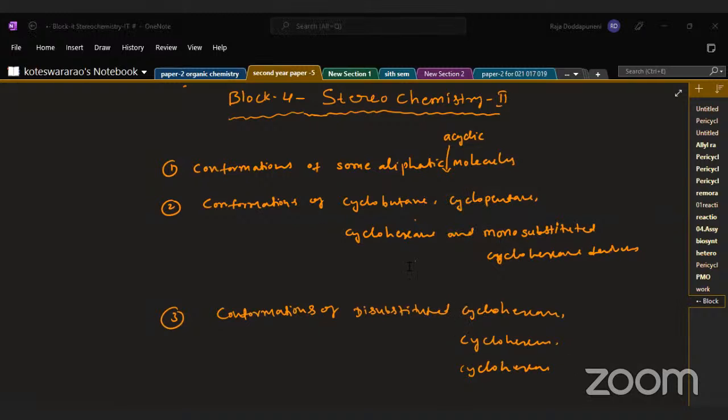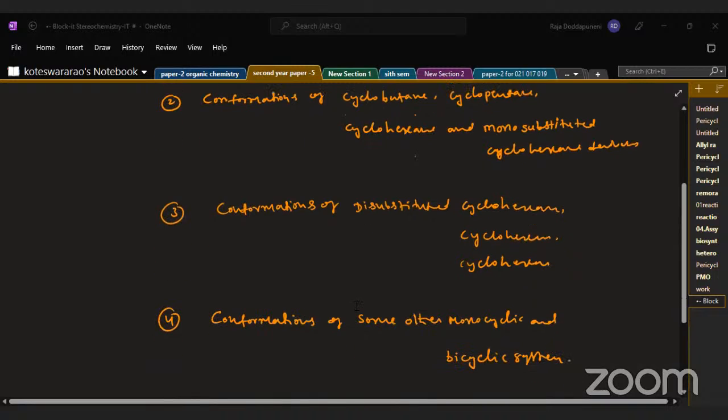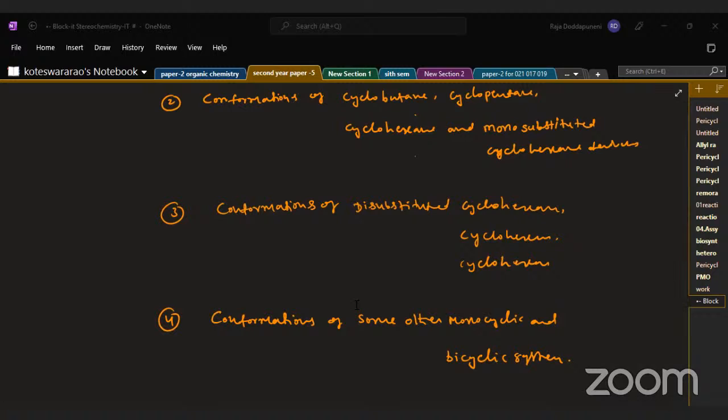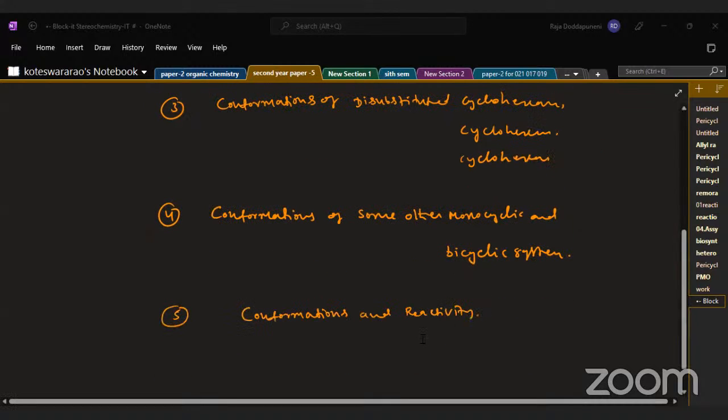Now, this third unit, the conformations of disubstituted cyclohexene and cyclohexanone. These three compounds' conformational structures, stabilities, reactivities and their related stability energies, we are going to deal with in this unit. Next, the fourth unit is conformations of some other monocyclic and bicyclic systems.